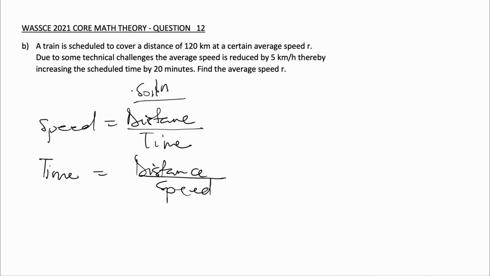We know that the train is scheduled to cover a distance of 120 kilometers, so our distance is equal to 120 kilometers at a certain speed of R. And our speed is R.